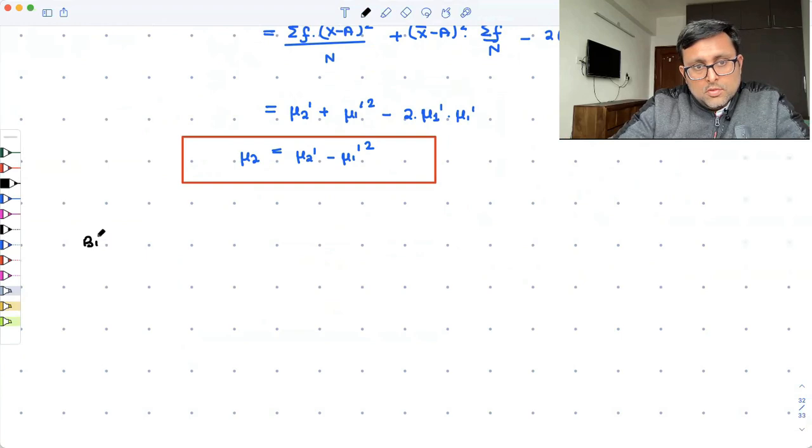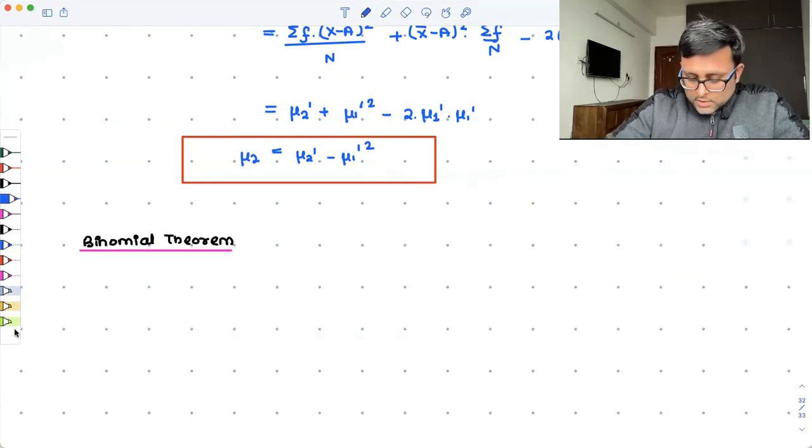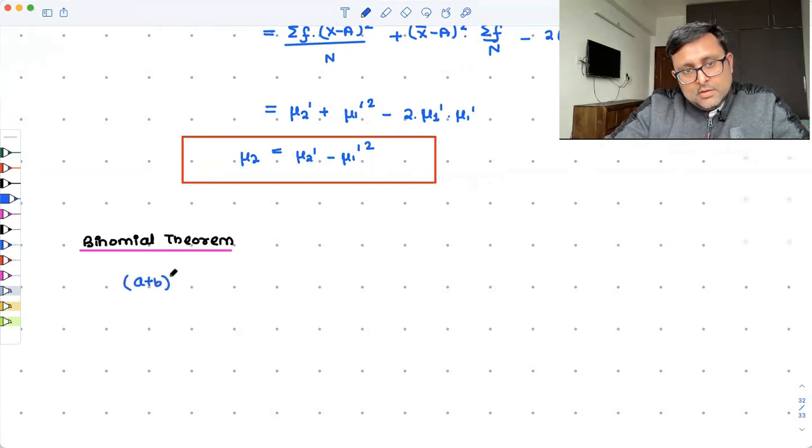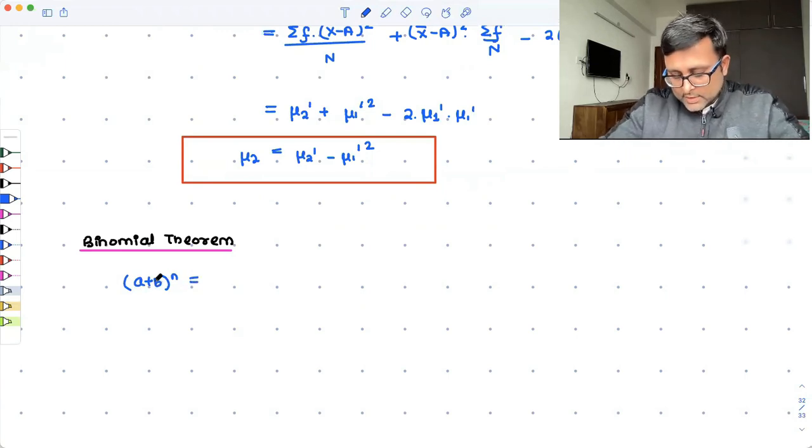So I can use the binomial theorem basically to derive this. Well, it is a plus b to the power n, if you want to write that. So how do you write this?